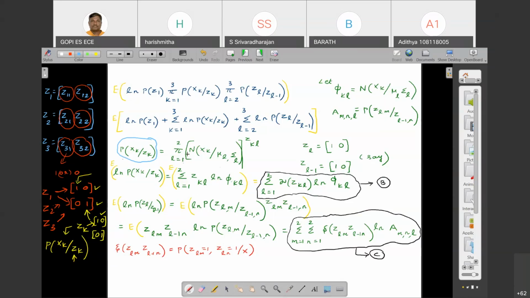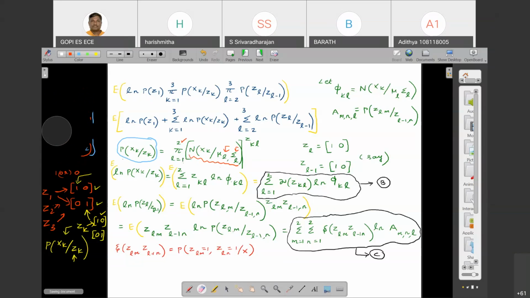This mu L and sigma L are the mean and covariance matrix of the Lth state. We have only two states here, L equal to 1 and 2, so we have only two choices: either xk gets generated from state 1 or from state 2.